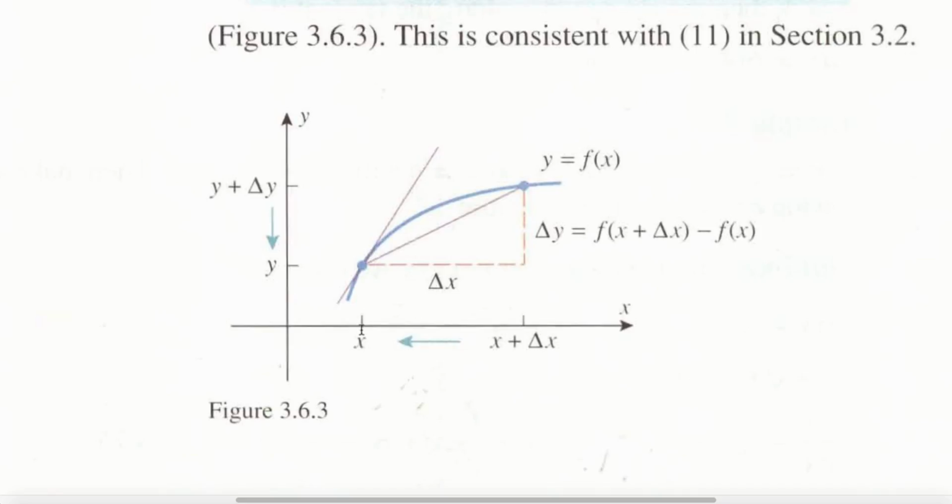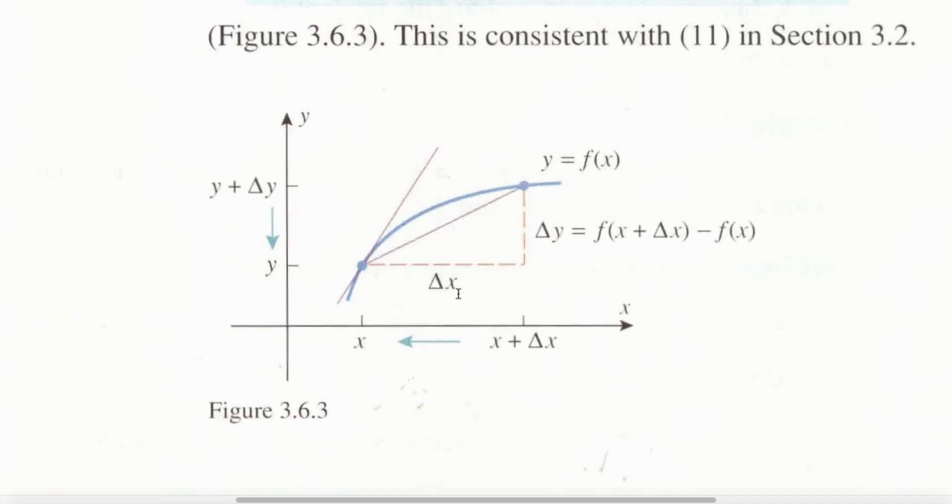So here's the point x, and here's f of x. Here's x plus delta x, and here's f of x plus delta x. So the change in x, the change in y, so the ratio delta y to delta x is the slope of this secant line.